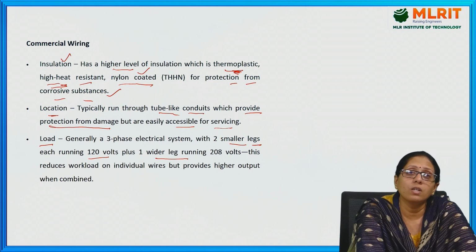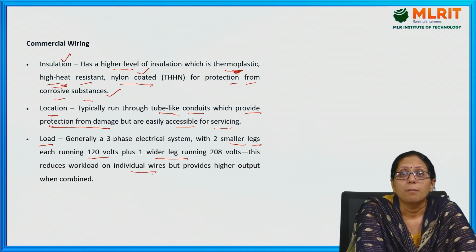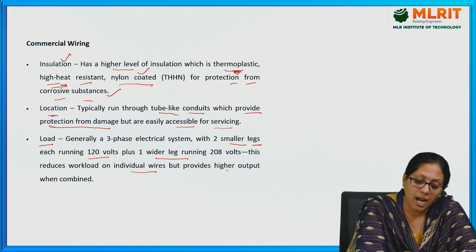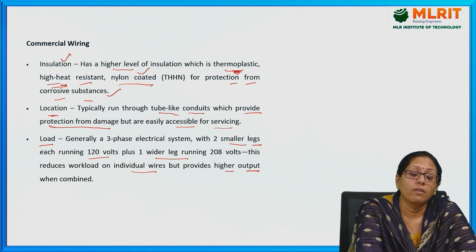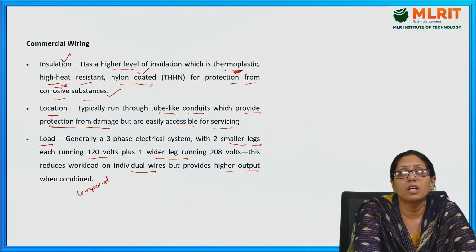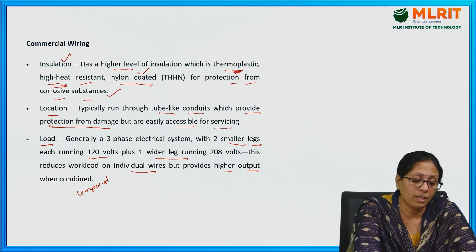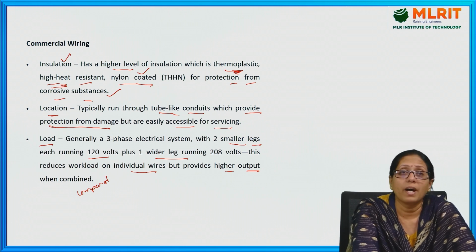This reduces the workload of individual wires but provides a higher output when compared with residential wiring. So, these are the different types of residential as well as commercial wiring systems.